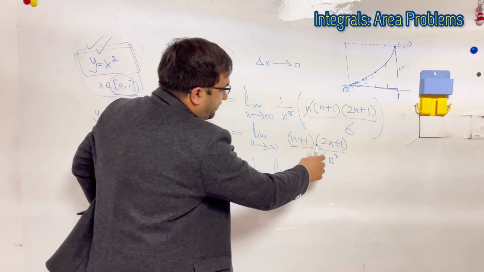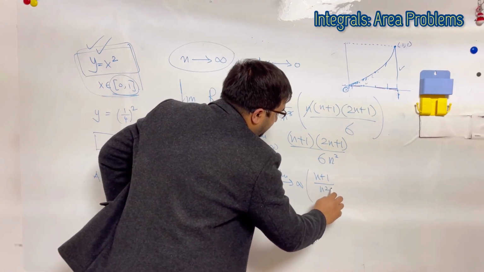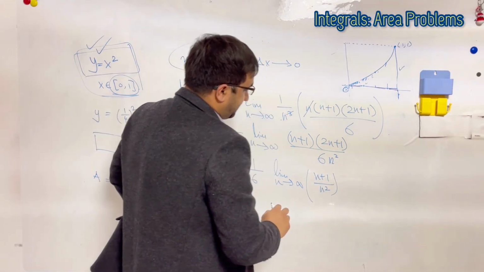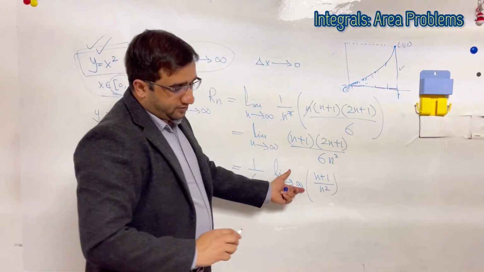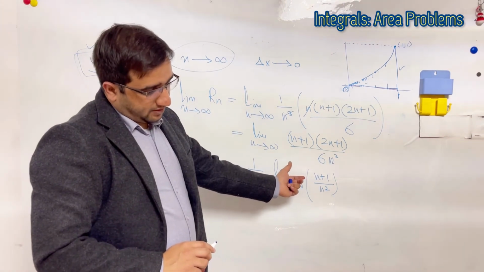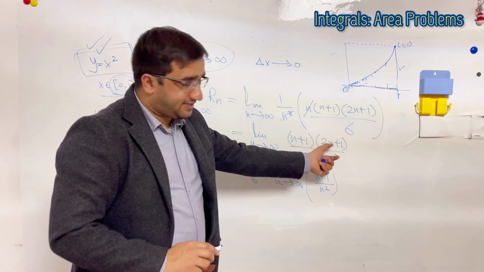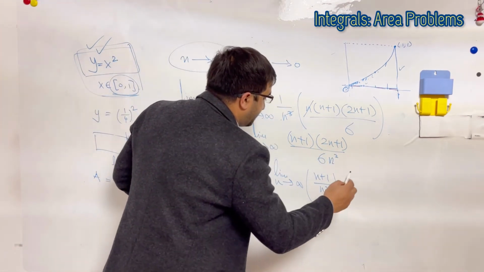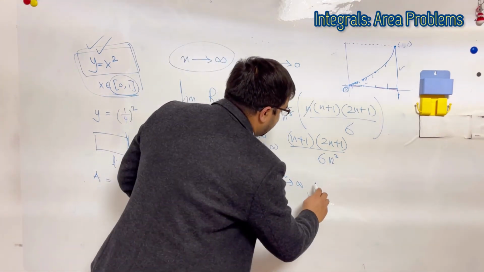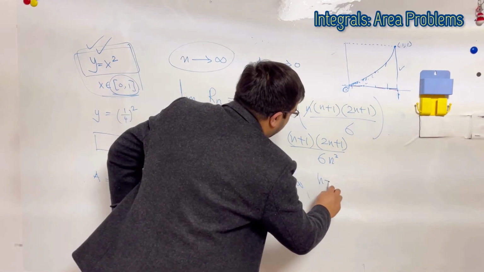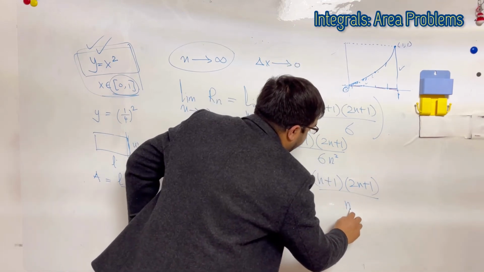Limit n goes to infinity. Now you can do the manipulation here. You can write them separately: n plus 1 divided by n square... Right? Can you simplify this? Have you solved this before? n plus 1 into 2n plus 1 divided by n square.